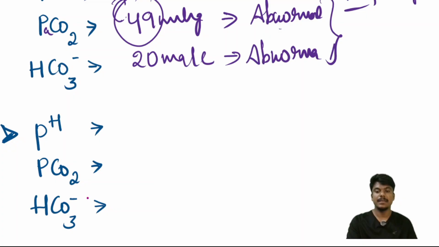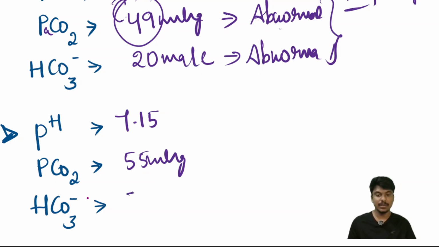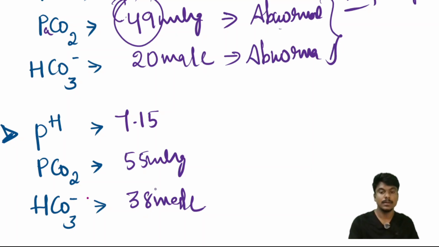Your pH is 7.15, and PCO2 will be around 55 mmHg. Sorry, for bicarbonate you just keep a normal bicarbonate level of 22 milliequivalents per liter.